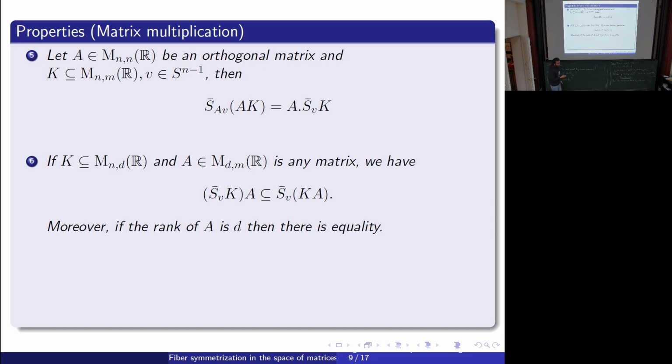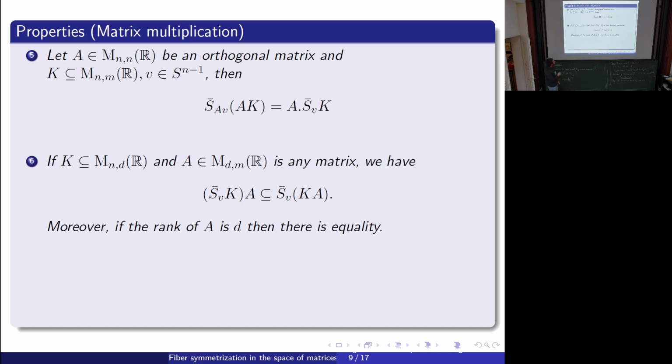But with the right action, it's much better, because if K is a convex body and A is any matrix, you can change dimensions if you want. If K is a body of dimensions n times m, then you have an inclusion with any matrix.